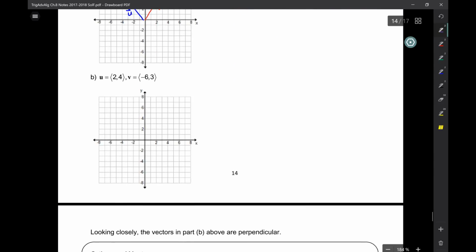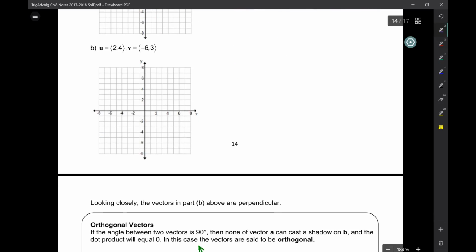So let's do this other one. U is 2, 4. And then V is -6, 3.